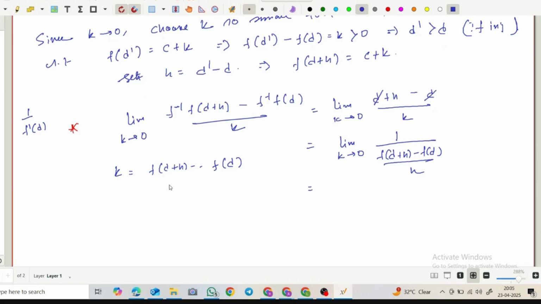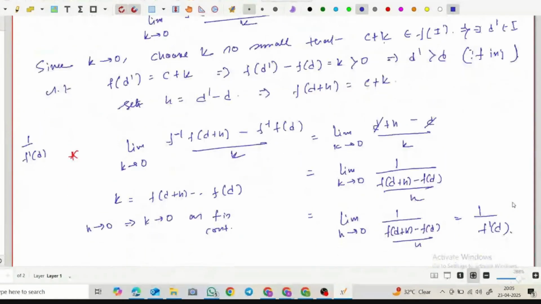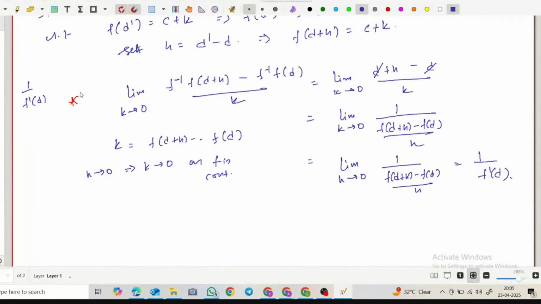And you see, h tends to 0 will imply k tends to 0, right? Because f is continuous. So you can replace the limit here. That is, you have 1 by f prime. So this was supposed to be f inverse prime of c, right?